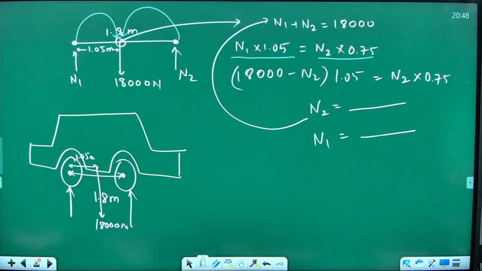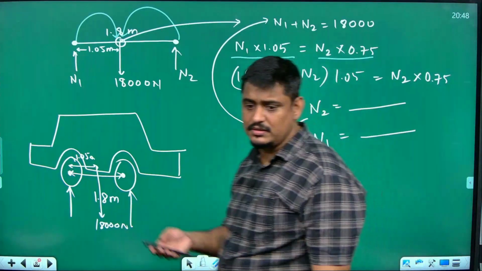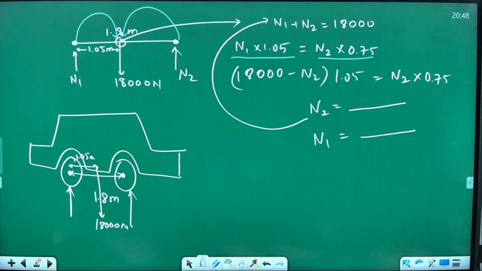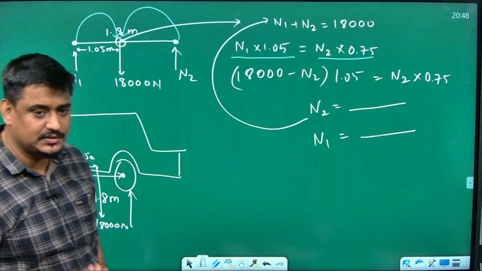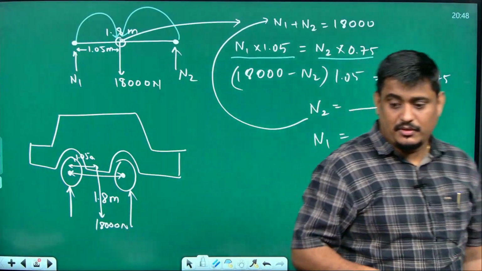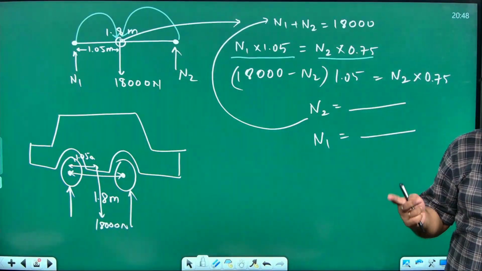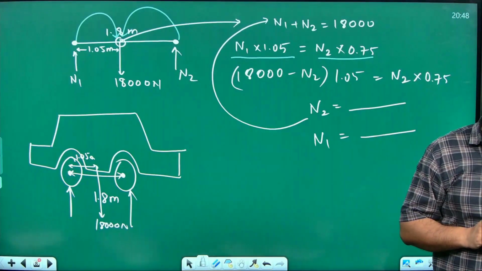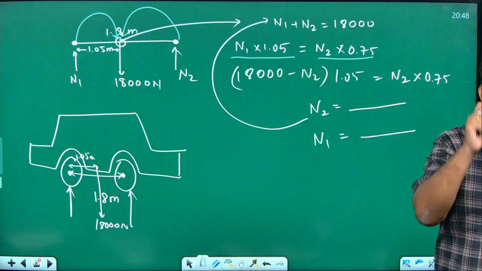Understood? Yes, Bharat. One is 7,500 and another is 10,500. You are talking about the N1, N2 value, or did you divide by 2? So divide by 2 and you will get the exact answer. Divide by 2 also. Obviously there are two wheels in the front, no? They are asking for each wheel, not the axle. Is it clear to everybody? Anybody online, anybody has a doubt, you can ask me.